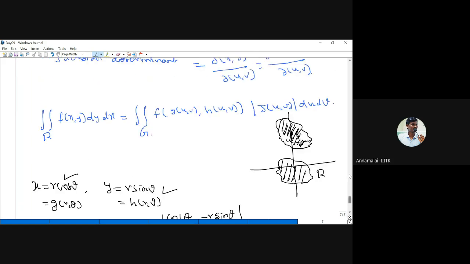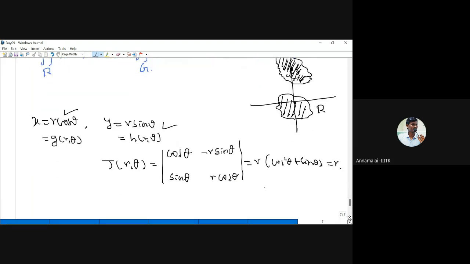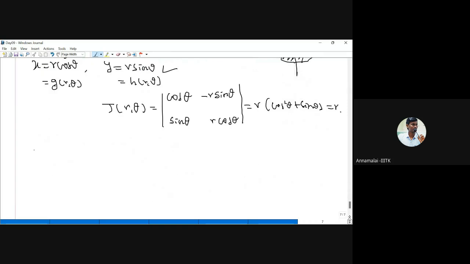So if you substitute here, what will you get? We already proved that the double integral over R of f of x comma y dx dy is nothing but the integral over the new region of f of x, y as functions of r and theta.